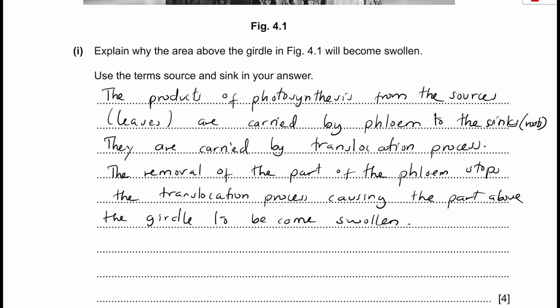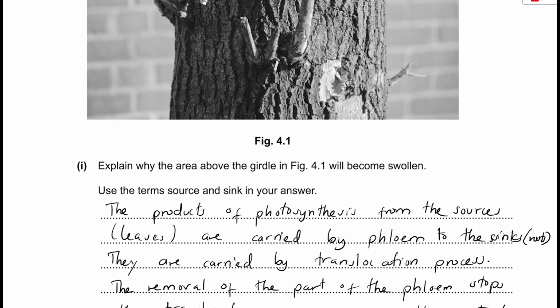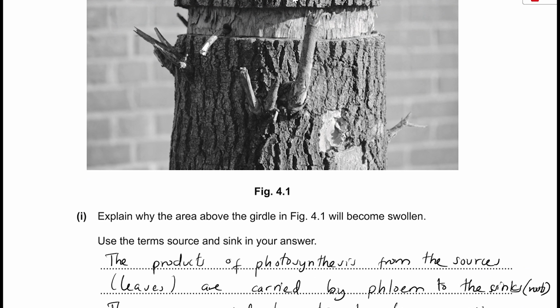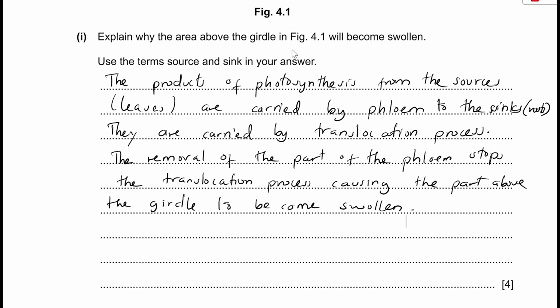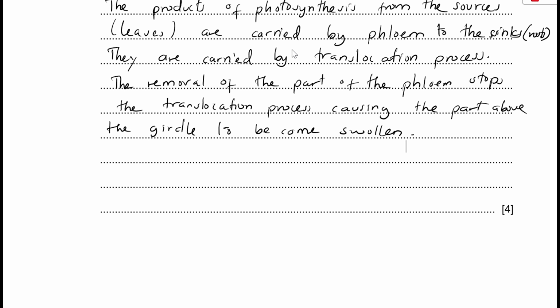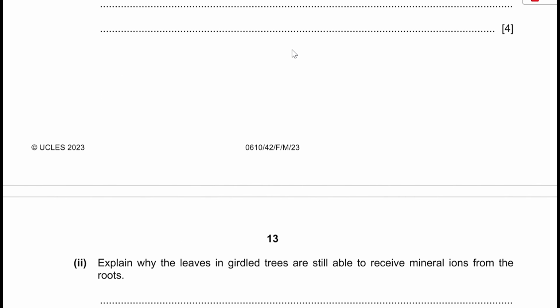Alright, so this is the case. So when we remove the part of the phloem, it will inhibit the process of translocation, and of course at the end of the day, the part above the girdle here will appear swollen, while the one below it will not appear swollen. Alright, because now the products of photosynthesis are not carried through anymore.